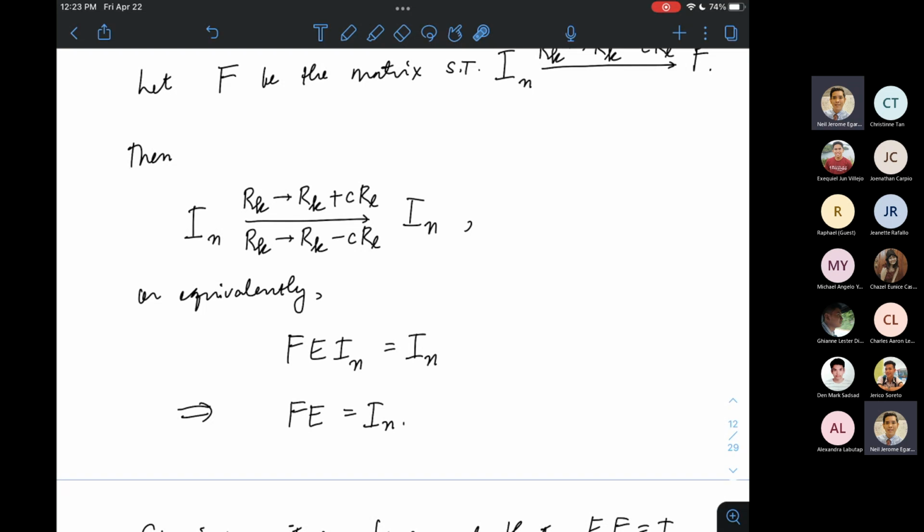All right? So, and then this tells us na, identity matrix, wala yung effect sa multiplication. So essentially, matrix F times matrix E ay equals sa identity matrix.